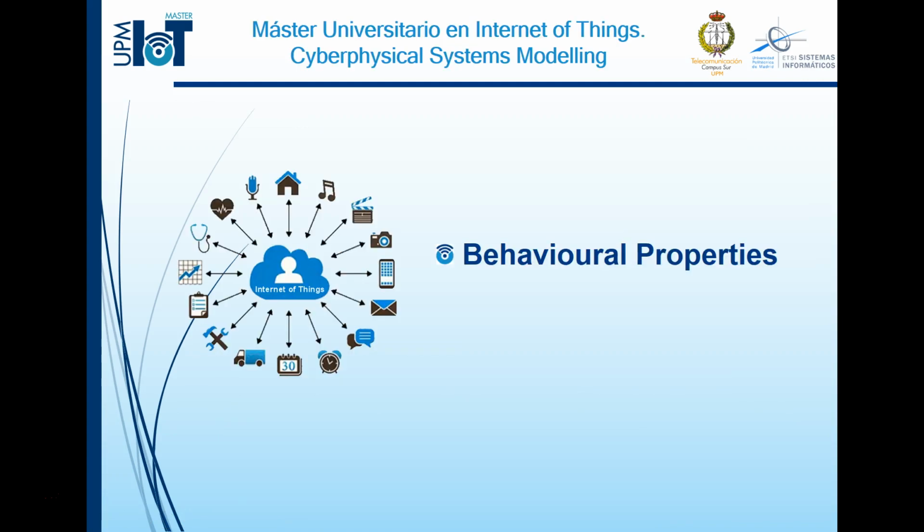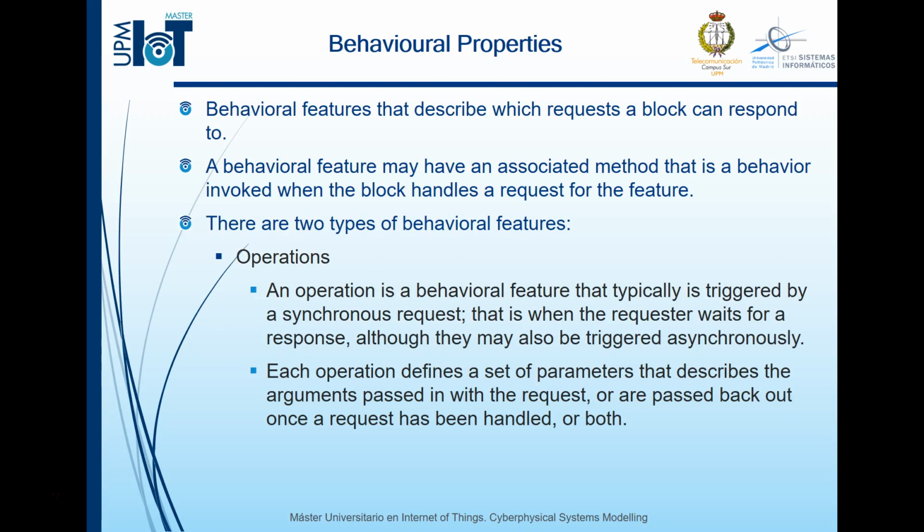And behavioral properties, only 2 minutes, no more. Behavioral properties are the same as methods or operations that you can define associated to each block. Operations are like methods in UML. There are some small differences because there are 2 different kinds of behavioral properties.